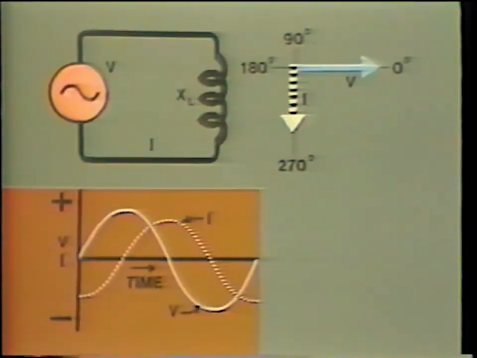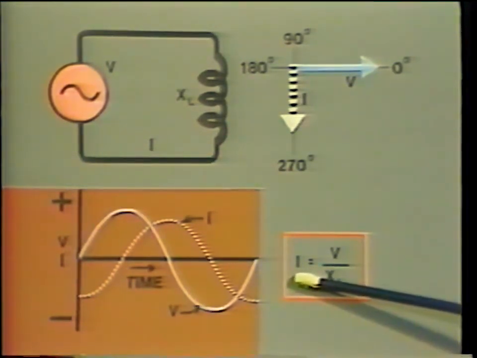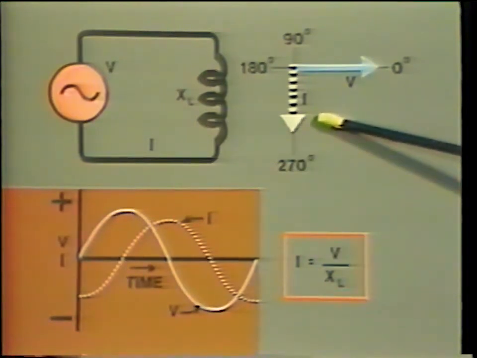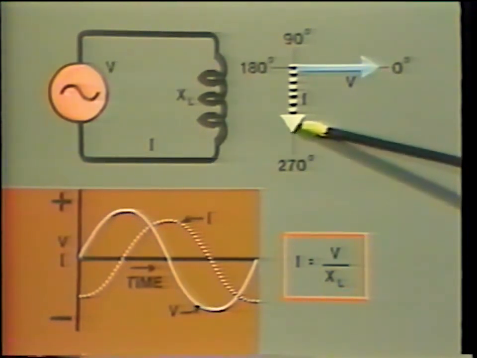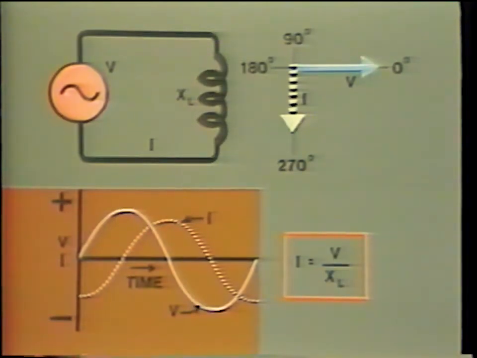The RMS value of current in a purely inductive circuit can be calculated simply by dividing the RMS voltage, V, by the value of inductive reactance, X sub L. The resultant current, I, will of course be out of phase with the voltage by 90 degrees, as shown on this vector diagram. Okay, so that is inductive current.